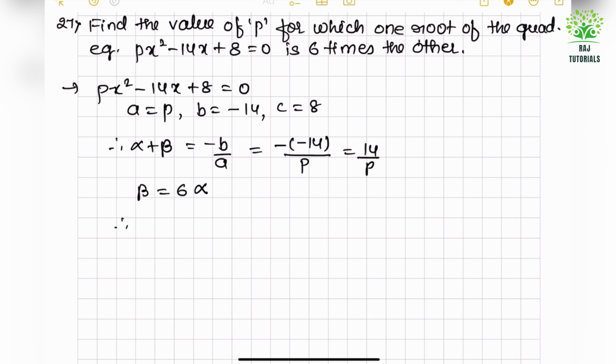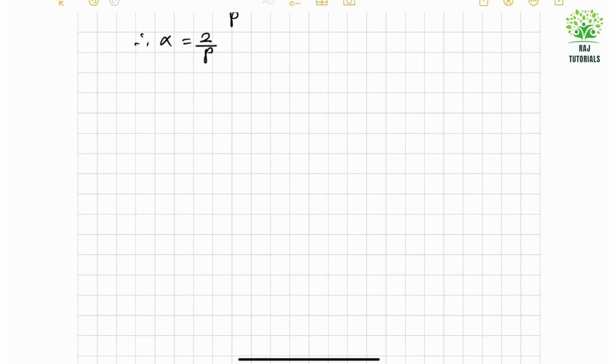Let beta equal to 6 alpha. So alpha plus 6 alpha equal to 14 by p. So 7 alpha equal to 14 by p. Therefore alpha equal to 2 by p and beta will be 6 alpha, so that will be 6 into 2 by p, 12 upon p.